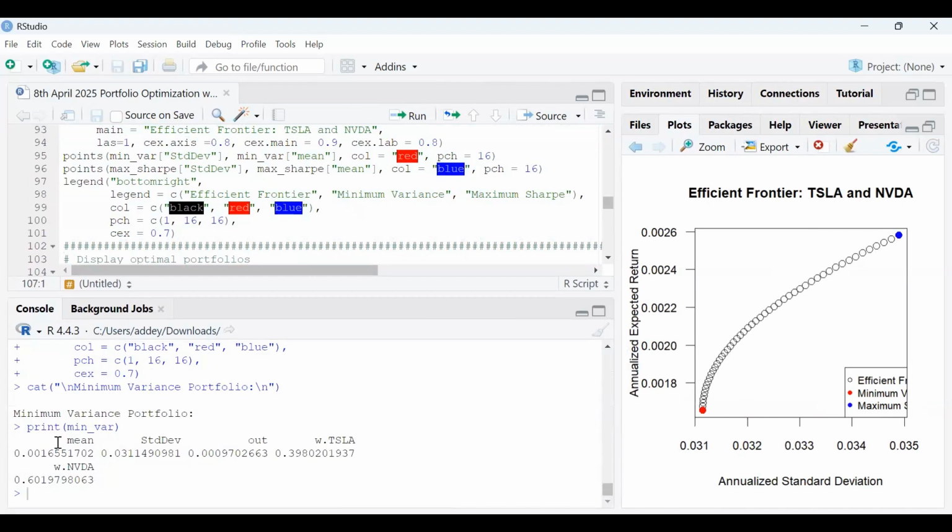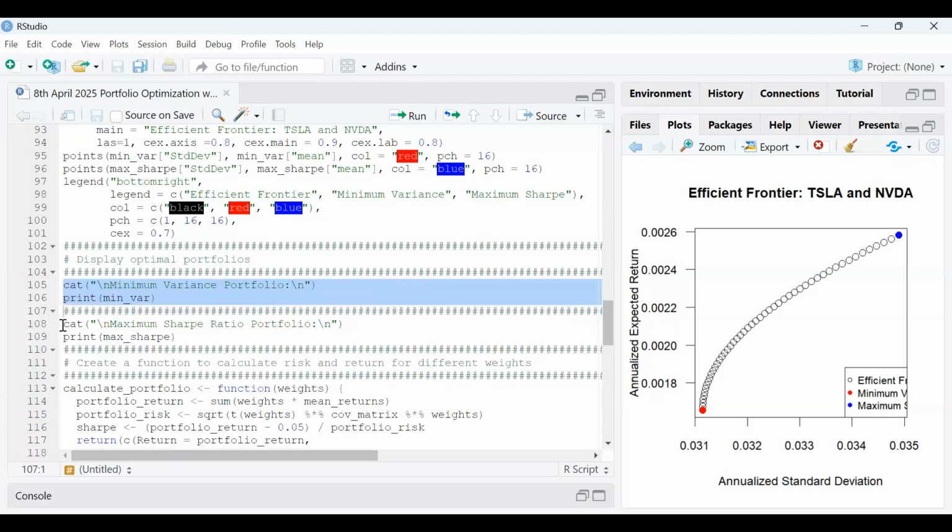So my minimum variance portfolio is telling me that my expectation is going to be 0.0016, and then my standard deviation is going to be 0.03. Then it's telling me that for me to be able to get that minimum variance portfolio, I must have 39% or 0.398 as the weight of my Tesla stock, and I must have 0.60 as the weight of my NVIDIA stock.